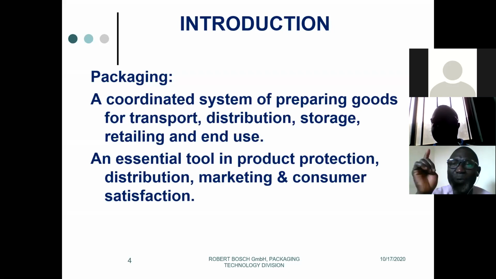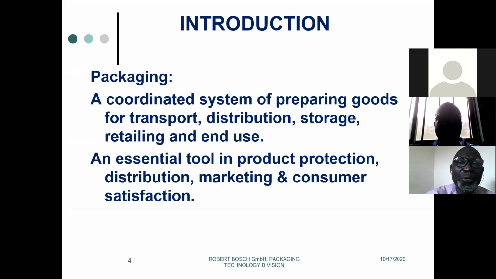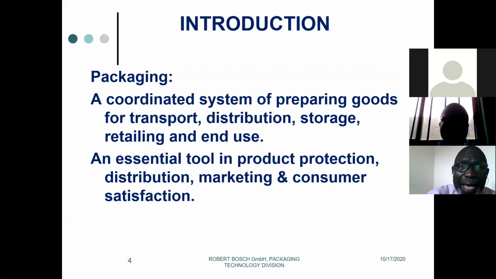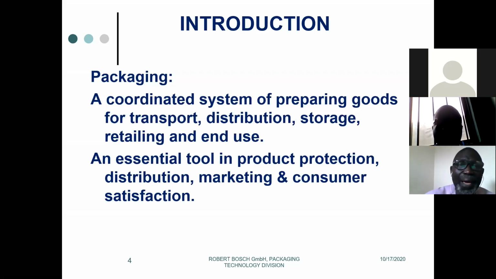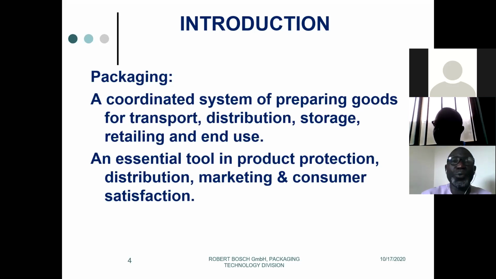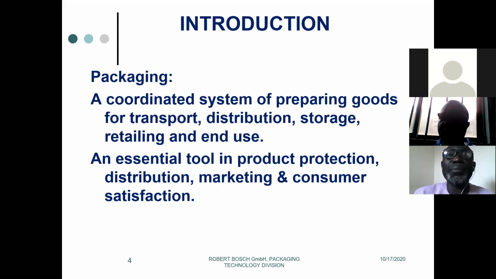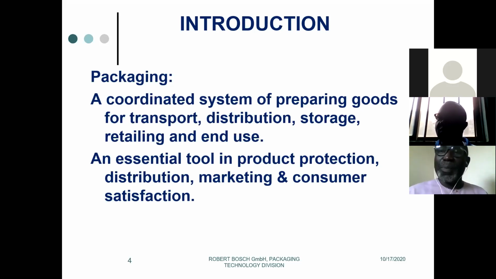So it's from farm to table. Packaging is an essential tool which has all those properties for protection, distribution, marketing, and consumer satisfaction. So this gives us a brief of the components of packaging in terms of the definition of what packaging is all about.